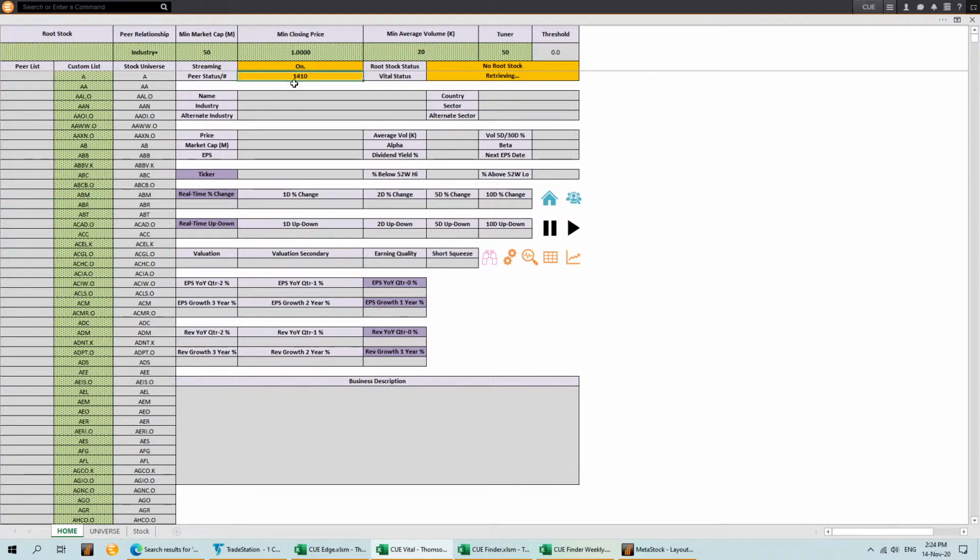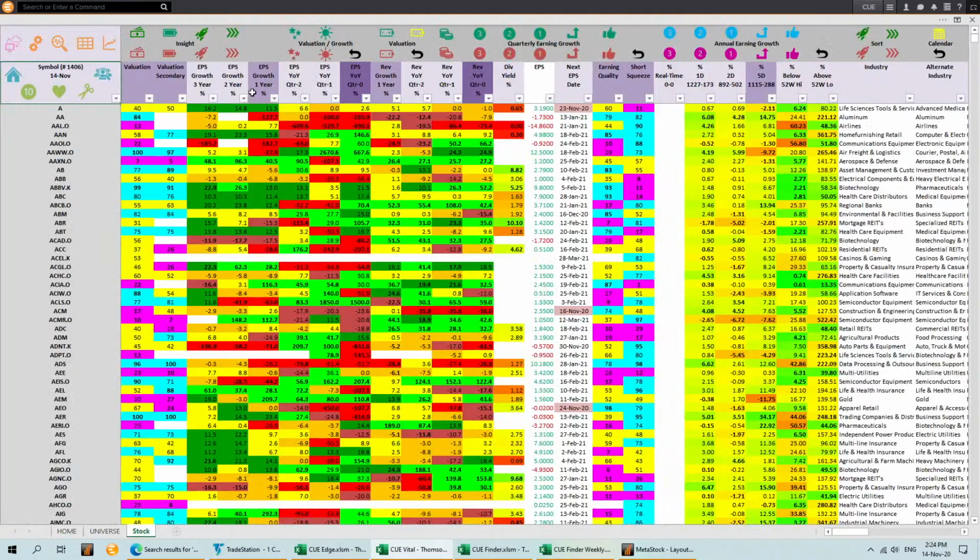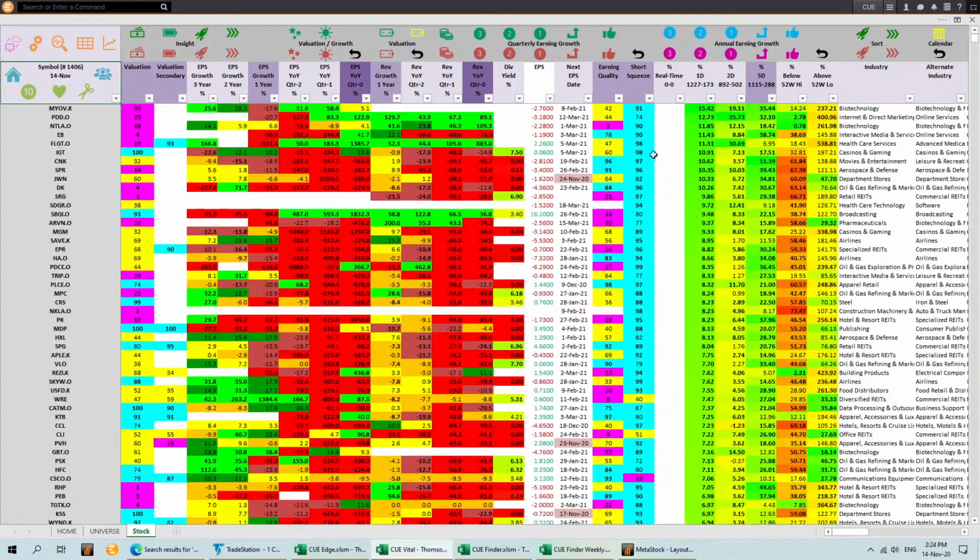So this currently has 1410 stocks. With a single click of a button, I am able to calculate the fundamental scorecard of these stocks in real time. Let it finish the analysis. It has finished. Now I'm going to look for the stocks that went up most.